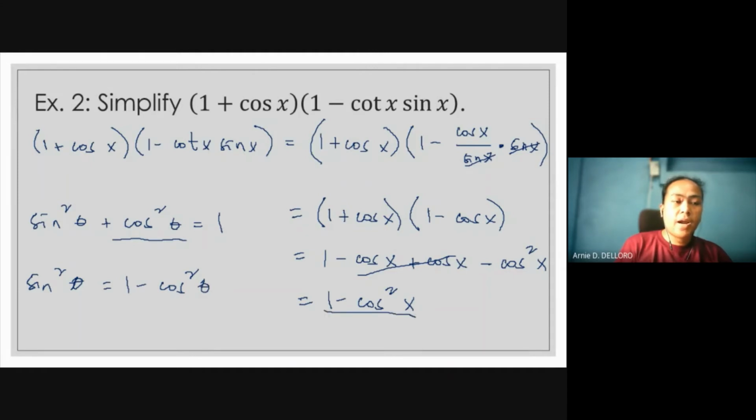So instead of writing 1 minus cosine squared theta, we can write sine squared theta. Okay, so this is now the equivalent form of 1 plus cosine x times 1 minus cotangent x sine x. Ito na yung sagot.